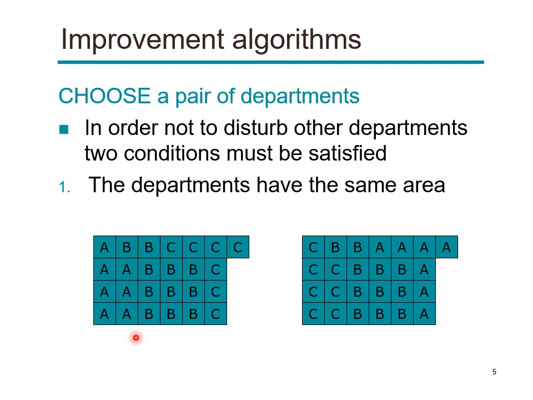So A has 7 unit squares. 1, 2, 3, 4, 5, 6, and 7. C also has 7. Now I can exchange their positions, and when I do it, I will end up with this new layout. Look, now instead of A here, I have C, and instead of C here, I have A. So this is what we mean by exchanging the positions in the layout.